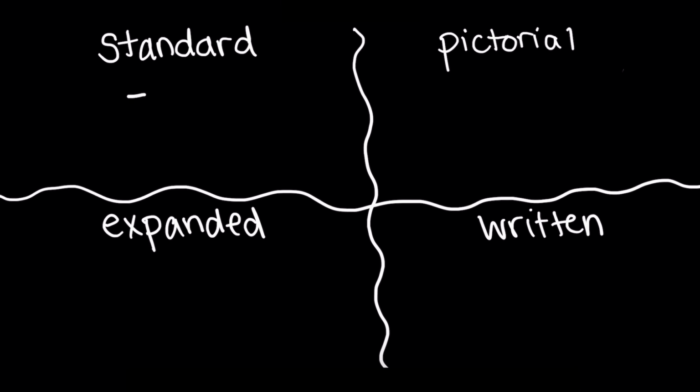And I want you to try to do this number without me first. The number is 527. So I wrote the standard form. I'm going to blur the video now, and I want you to try to do pictorial model, expanded form, and written form without me. And then I'm going to unblur the video when I'm done, and you're going to check your answers and you're going to see if you got them right.